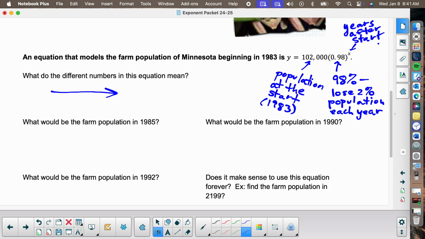Okay, Tegan? What number would I put in place of X in 1985? So when did we start reading the info? 1983. Okay, so the number we put in X is how many years after we started reading info?